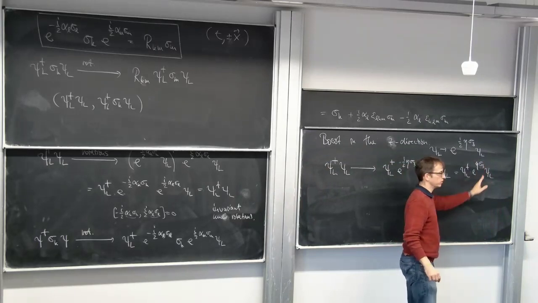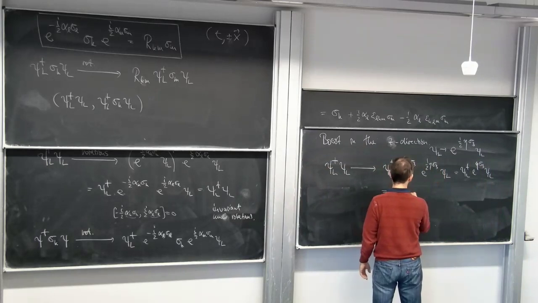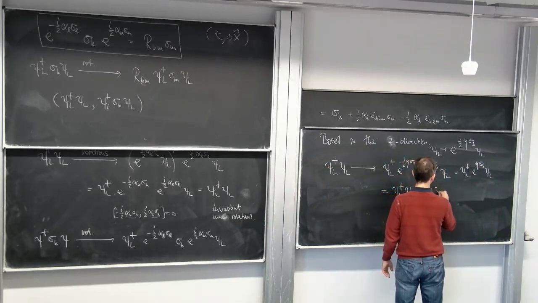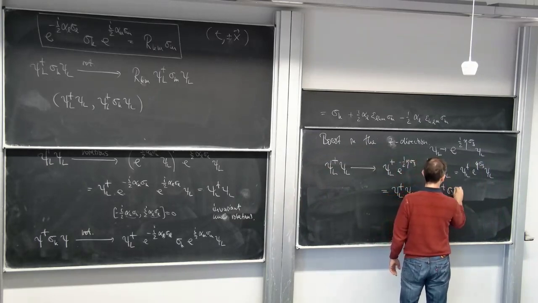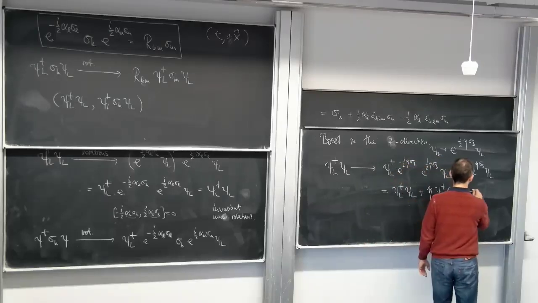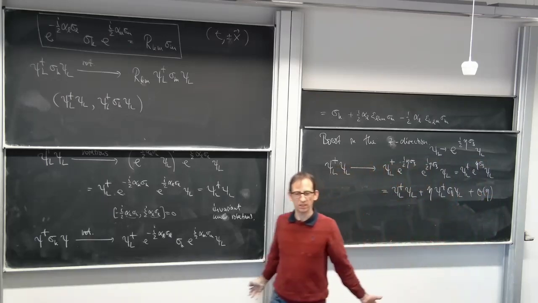I expand it to linear order again. So that is psi L dagger psi L plus eta psi L dagger sigma 3 psi L. What do you think? Is this good? Is this bad?